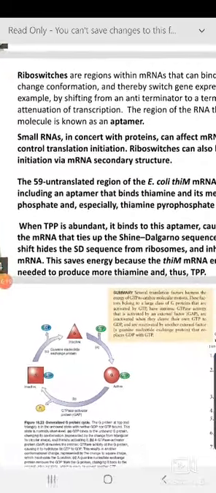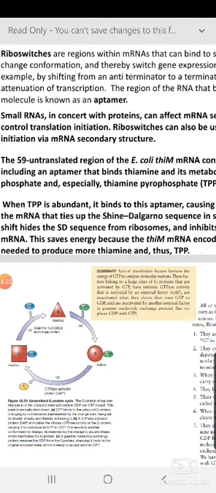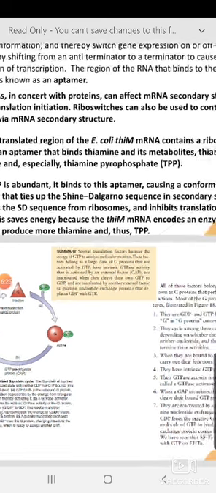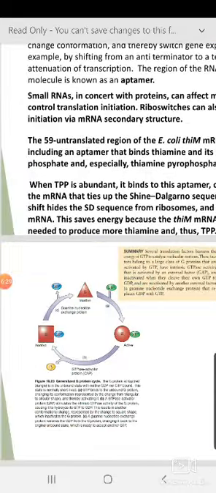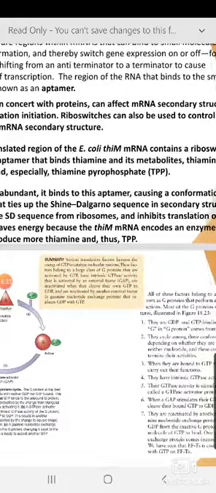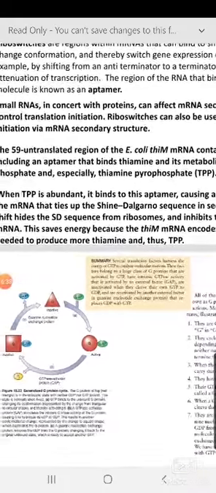One example here is the 5' untranslated region of the E. coli thiM mRNA, which contains a riboswitch, including an aptamer that binds thiamine and its metabolites, maybe thiamine phosphate and especially thiamine pyrophosphate.